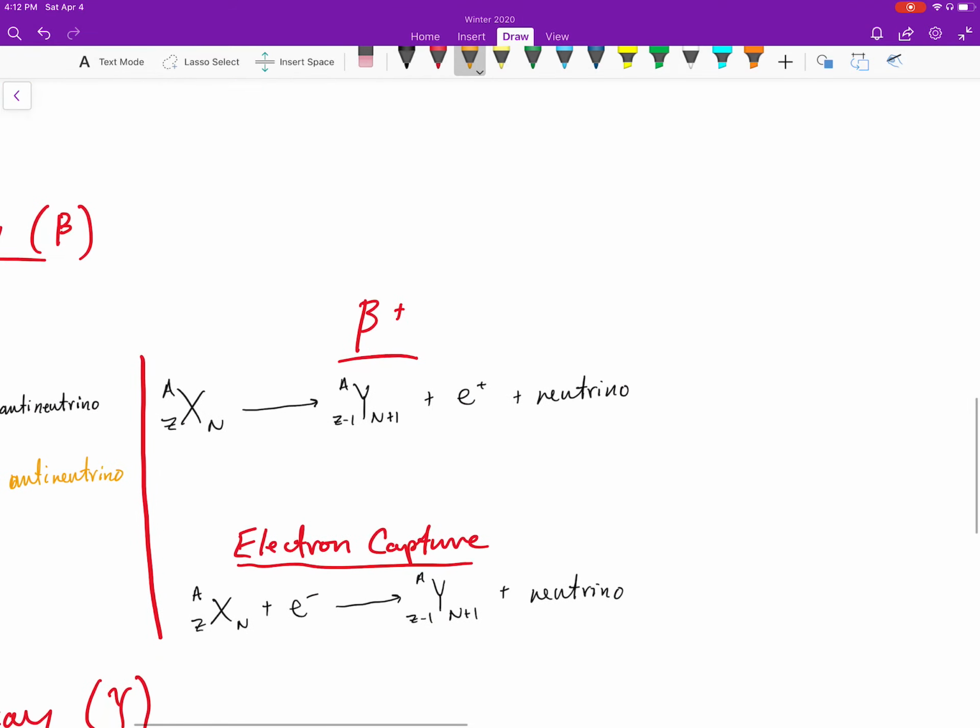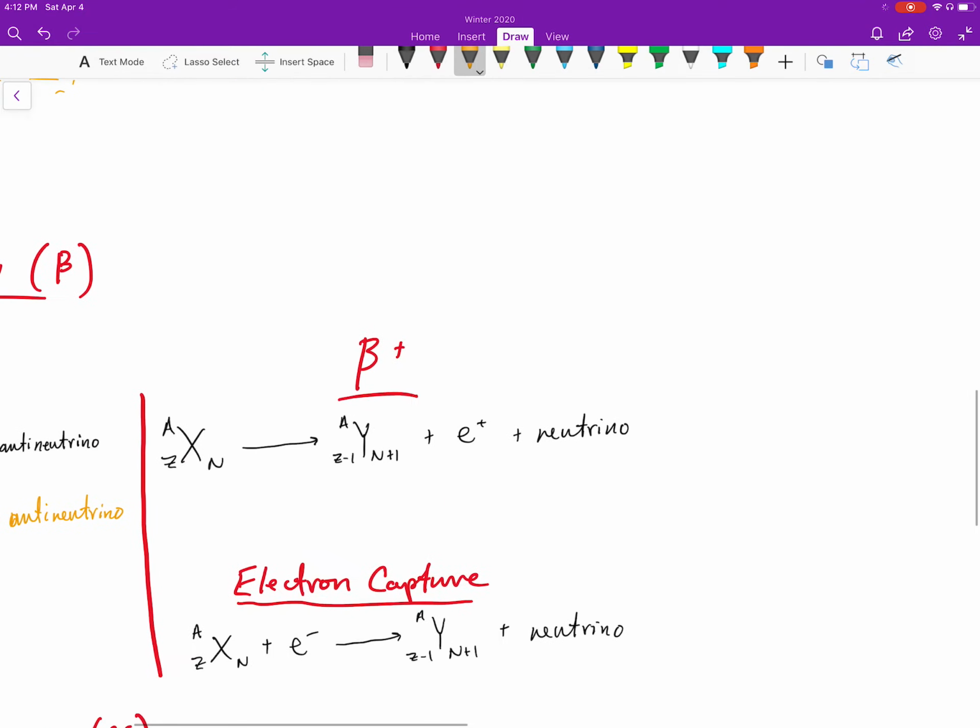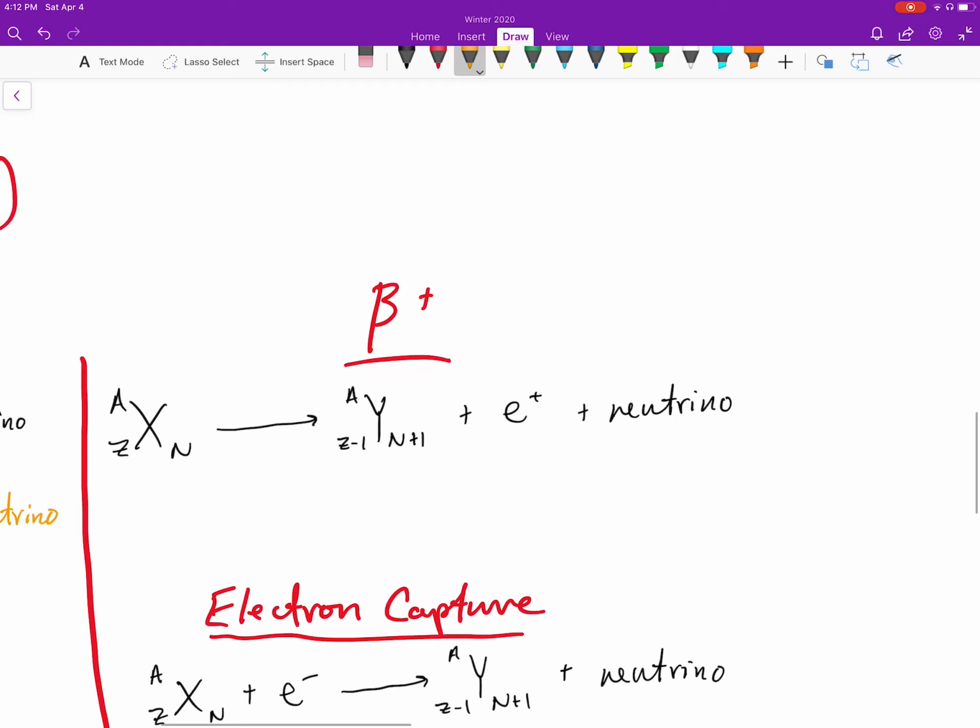Beta positive decay is similar, except kind of opposite. So instead, we have a proton that's turning into a neutron. So we're going to lose a proton and gain a neutron. And then instead of an electron being emitted, because we have a positive charge becoming a neutral charge, we're getting rid of a positive charge.